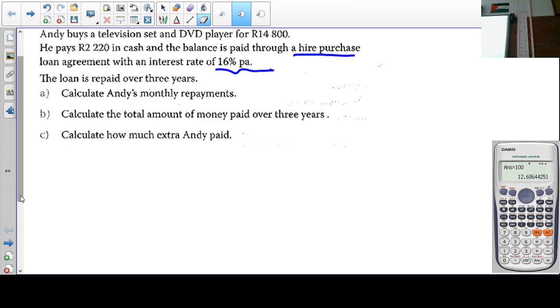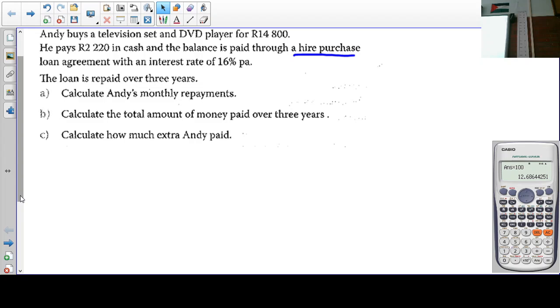This 2,220 rand, that is cash, also known as a deposit. By paying that 2,220 rand in cash or as a deposit, we don't owe the seller or the shop 14,800 any longer.